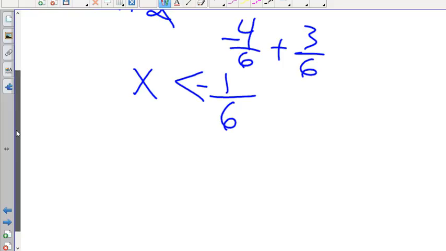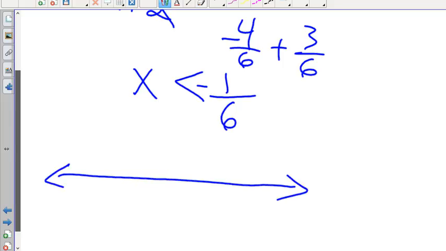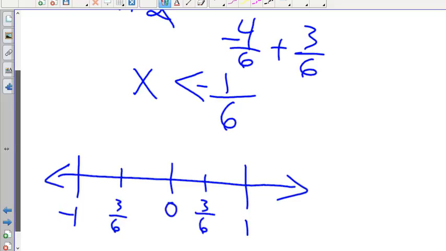All right. From here, we're going to graph that. We drew the line, and a good place to start is always at 0. And now we're going by 6, so we can really break it up into something like that. I'm going to put a couple whole numbers. So we have 1, negative 1, and then that's half, so that's 3/6. I should have written negative 3/6 there.